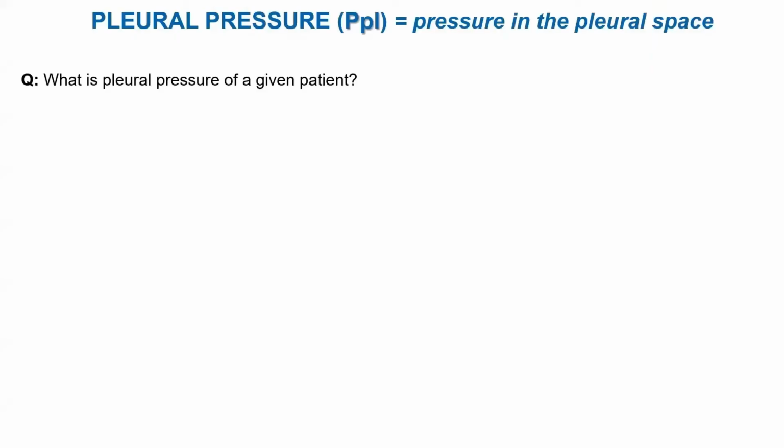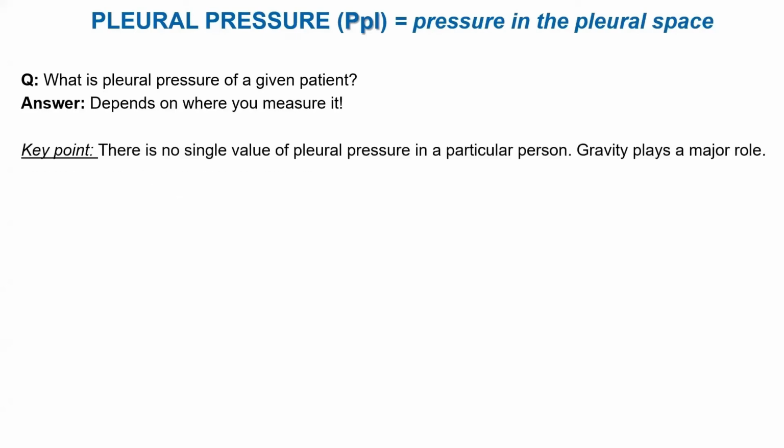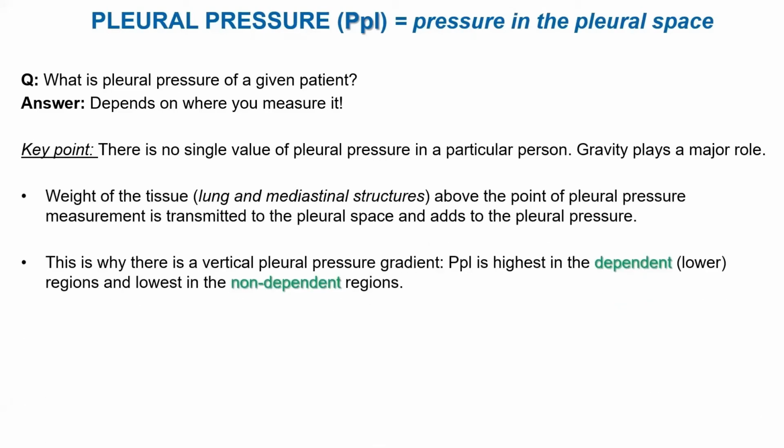All right, so the pleural pressure is kind of important. It's a pressure in the pleural space. Now, if you ask someone what's the pleural pressure in a given patient, the answer would be: it depends on where you measure it, because there's no single value of pleural pressure, because gravity plays a role. The lung and mediastinal structures such as the heart have weight, and because they have weight, they exert gravity on the dependent portions of the thoracic cavity.